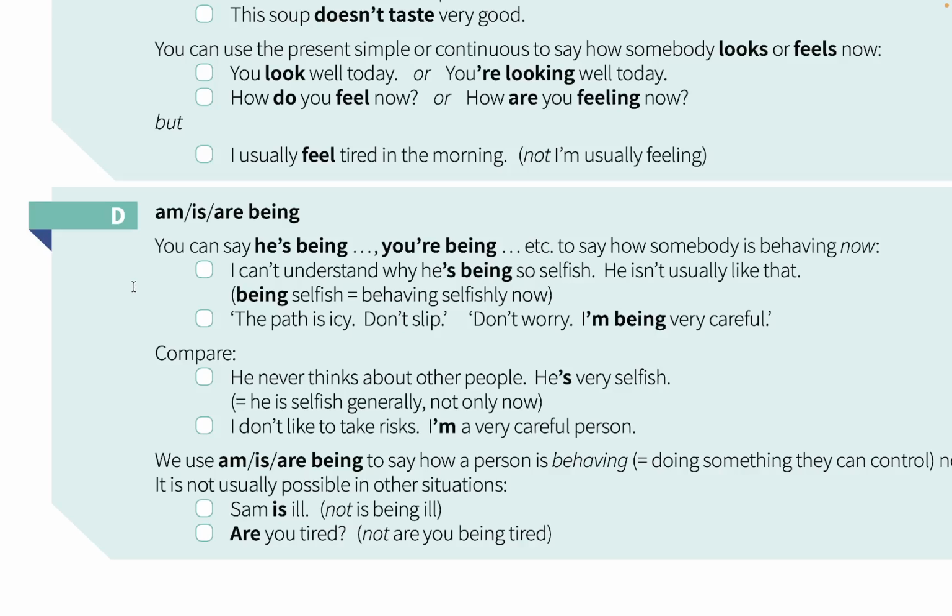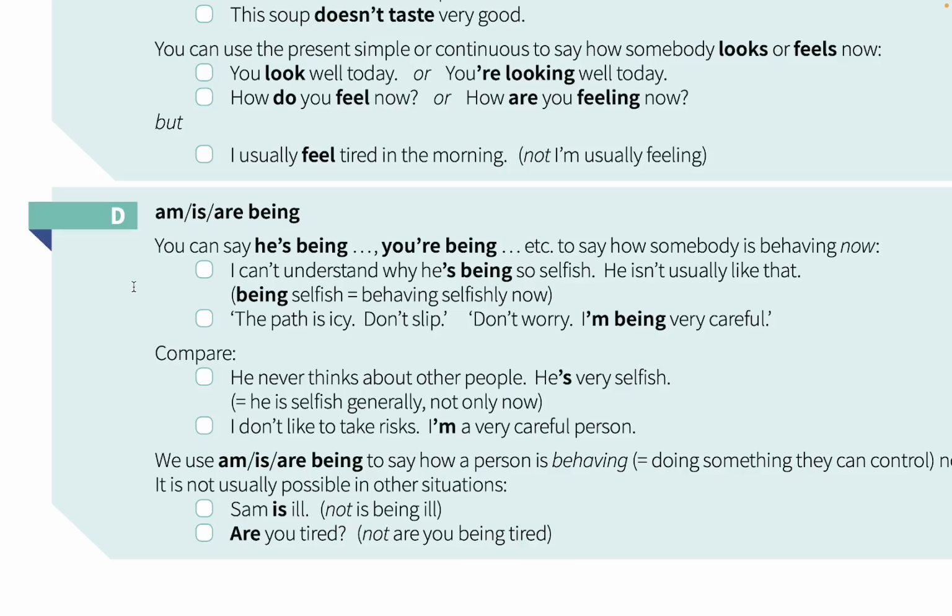Here you can say he is being or you are being, etc., to say how somebody is behaving now, at the time of speaking. For example, I can't understand why he's being so selfish. He isn't usually like that. So being selfish means behaving selfishly right now, at the time of speaking.